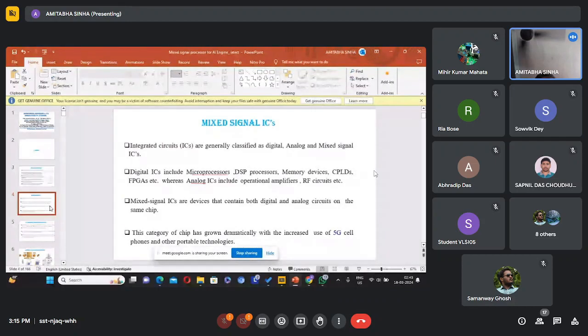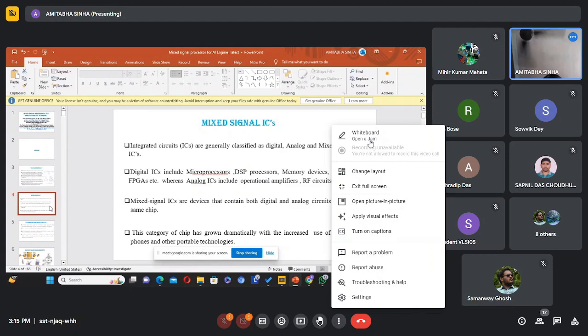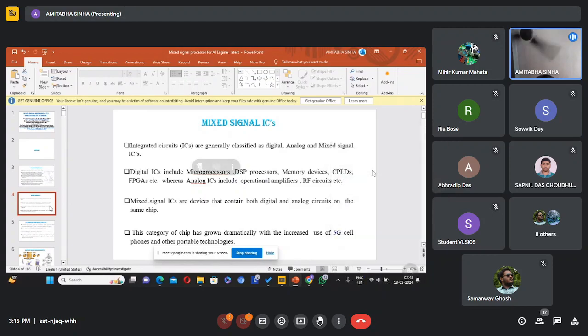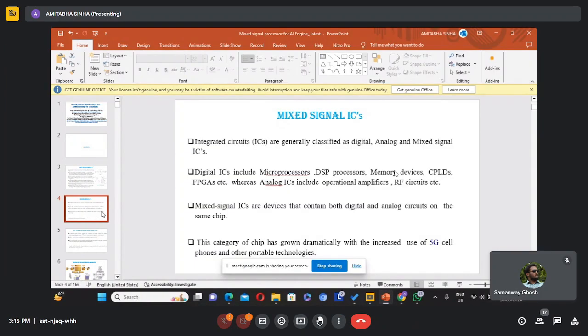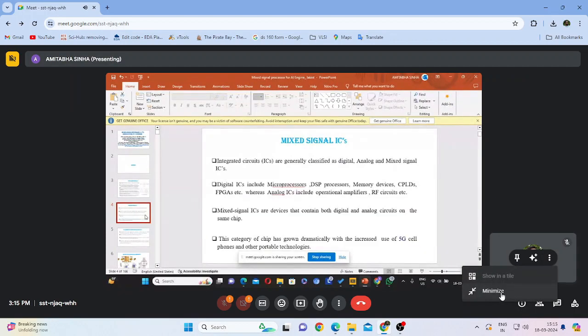So the examples of digital ICs include microprocessors, memory chips, DSP processors, then CPLDs, FPGAs, whereas analog devices include operational amplifiers, RF circuits, etc. Mixed signal IC devices contain both digital and analog circuits on the same chip. That means in the same chip, both digital and analog circuits are available.